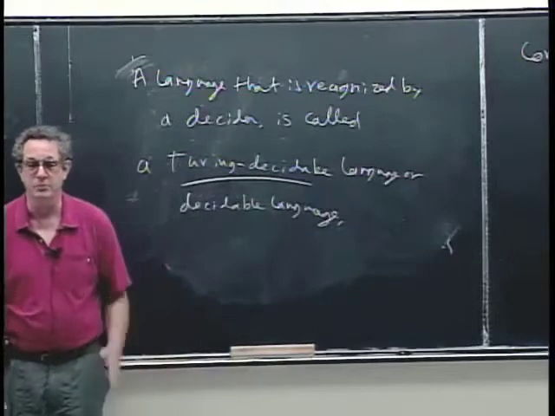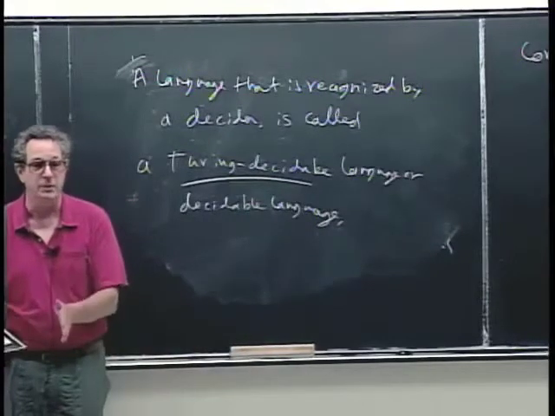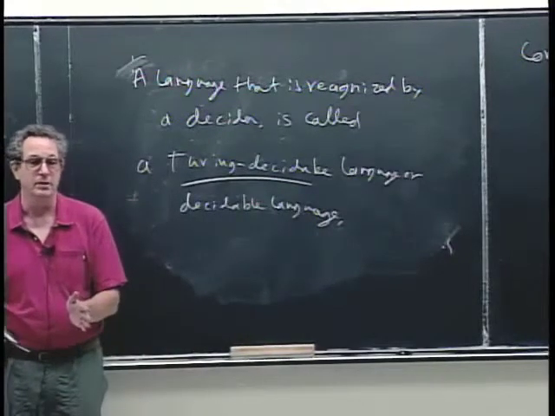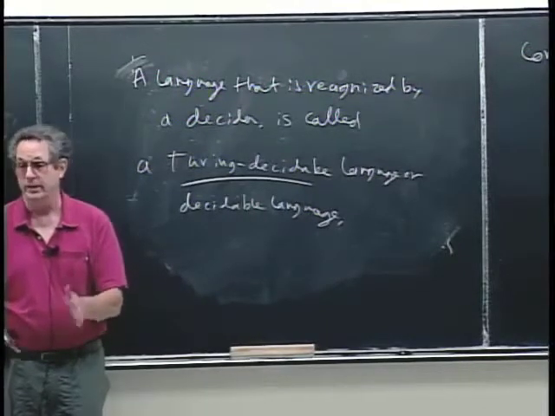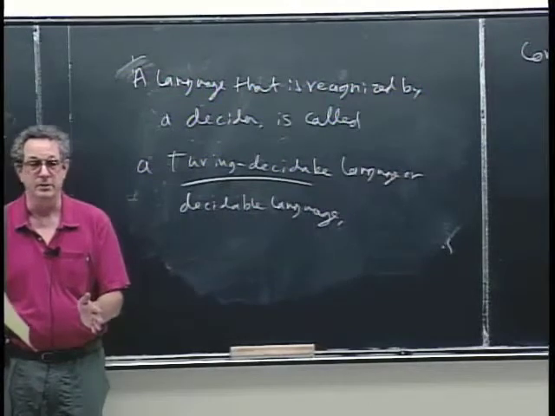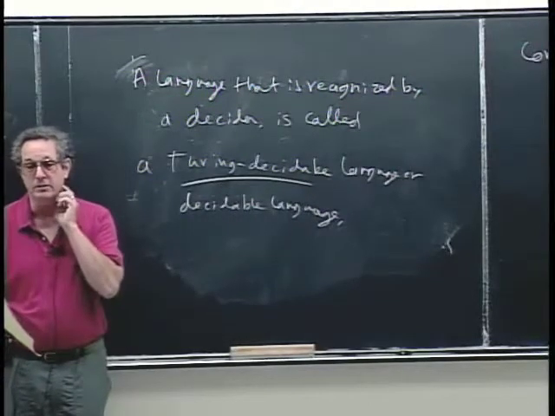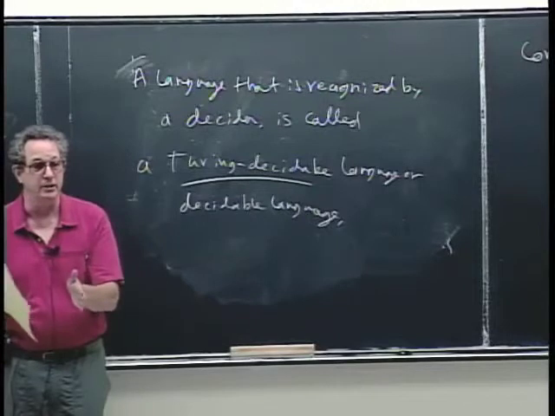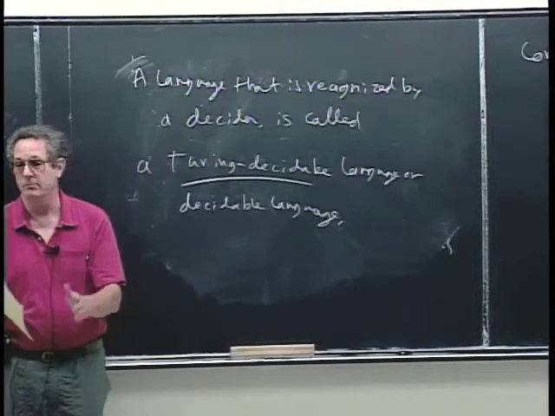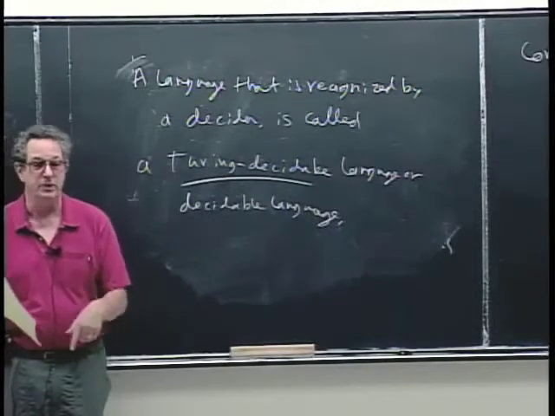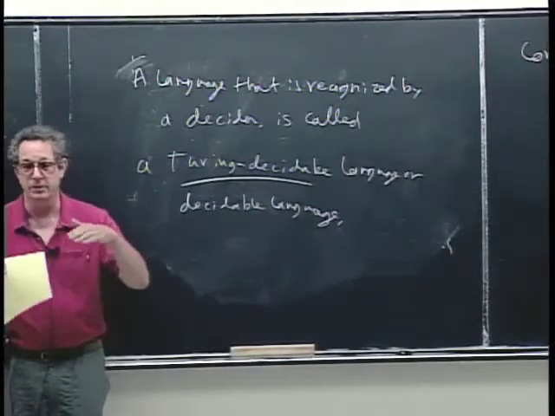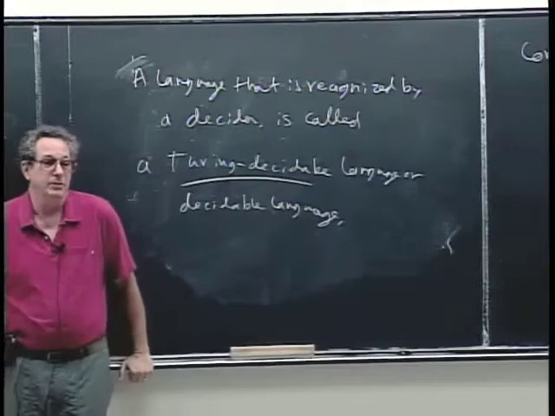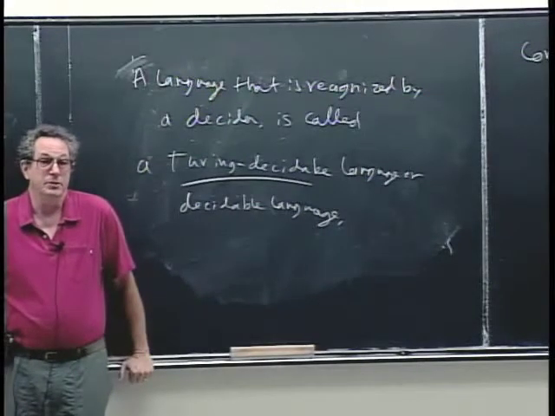That Turing machine will always say reject or accept no matter what input it's given, as opposed to Turing machines which will accept when it ought to accept, but when it is given input that's not in the language, that machine may end up in the reject state, or it may just go forever. So that's a major distinction between the two types of Turing machines that are available for particular languages.